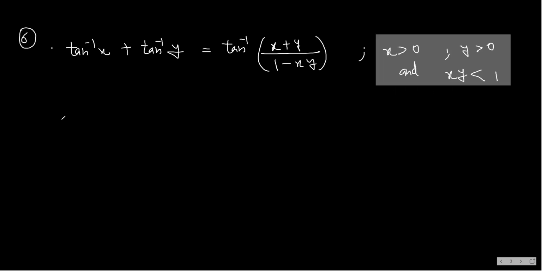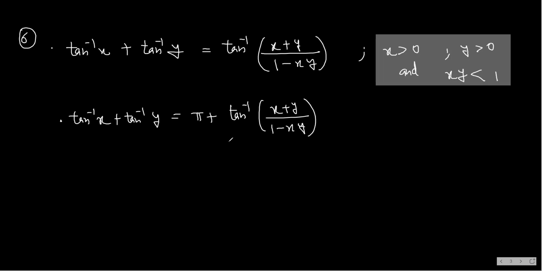But there is one more result. Tan inverse of x plus tan inverse of y, you would be writing pi plus tan inverse of x plus y upon 1 minus xy.